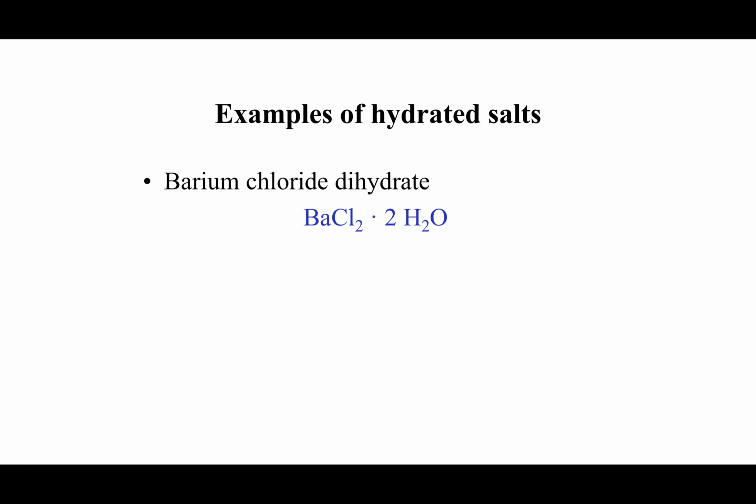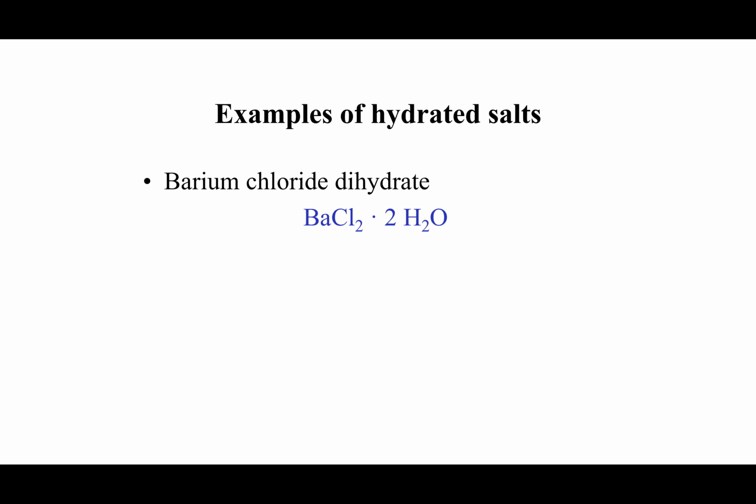It's not random. So, for instance, barium chloride. For every one formula unit, because remember we call the repeating unit of an ionic compound a formula unit, of barium chloride, it wants to have 2 waters of hydration. Not 1, not 3, but 2.